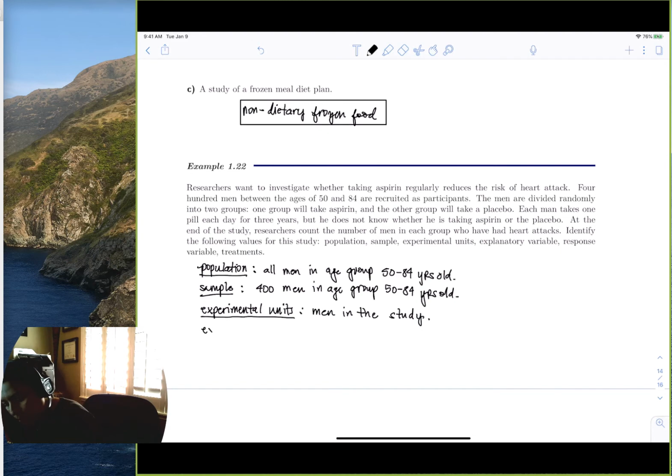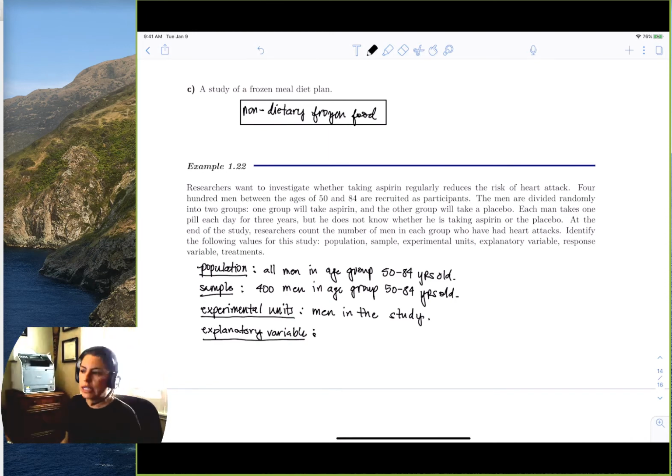And so the explanatory variable, again, will explain the outcome. I'll give you a second to think about that. What is the variable that would explain a reduction in heart attacks, right? What will reduce the number of heart attacks between the ages of 50 and 84? You're like, oh, well, they're testing aspirin. Exactly.